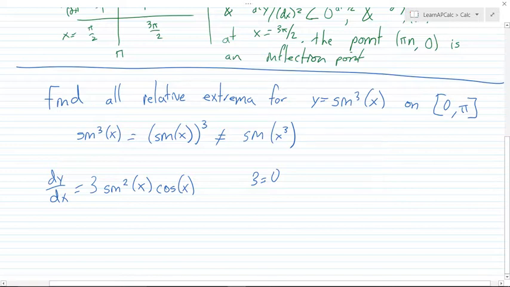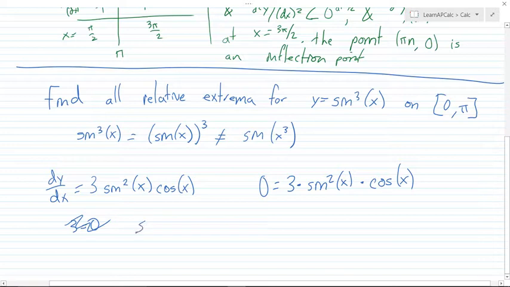So this is already factored. If we set this equal to 0, okay, so we can split up the factors, set those equal to 0. So 3 equals 0 is extraneous. Sine squared x equals 0, and cosine x equals 0.